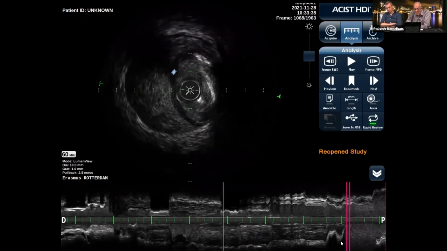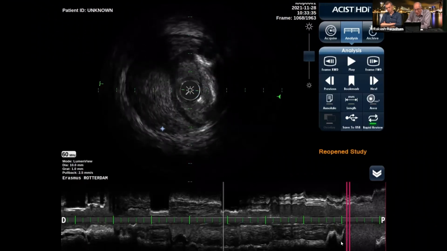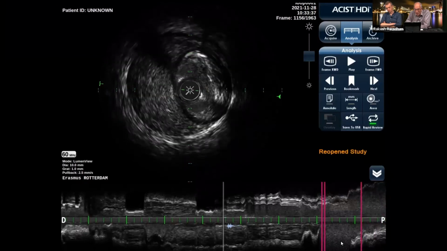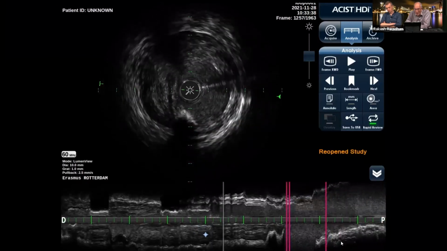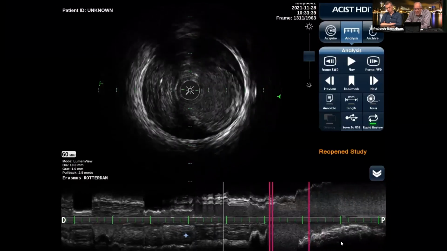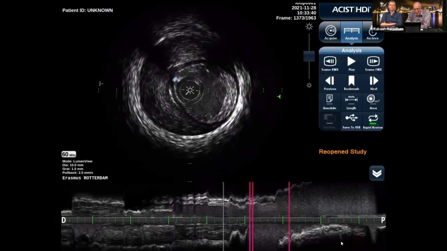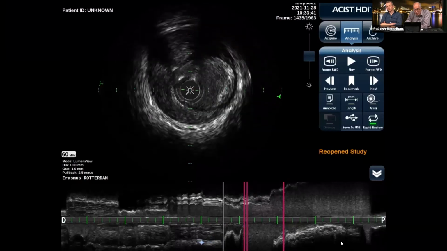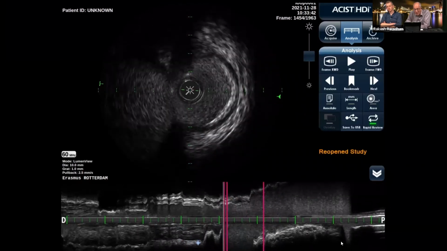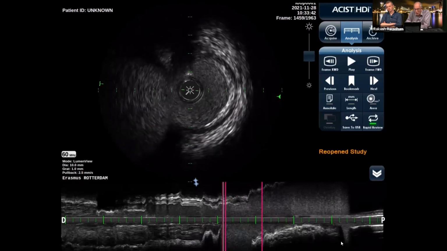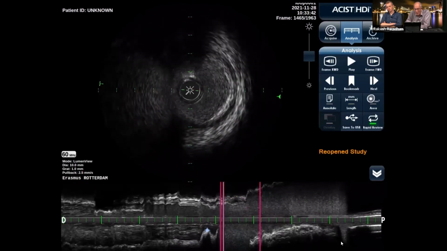So here we see the media, true lumen with the IVUS in there, and then the blown up adventitia. So there we go, and the dissection extends, and if you follow the media in there, you can still see the extent till we have the bifurcation with the circumflex and with the flow divider there.